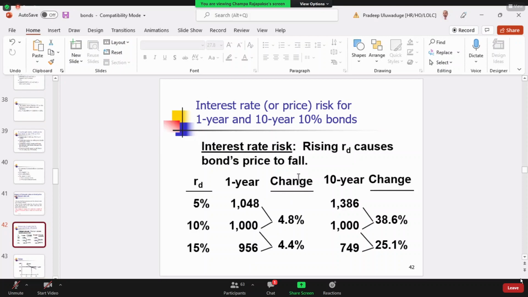We have calculated the percentage change from 5% to 10%, and the second change from 10% to 15%, which is again a 5% change. The same thing is calculated for a 10-year bond.